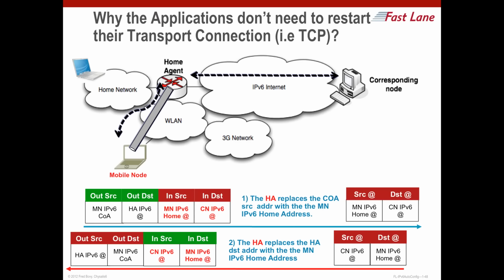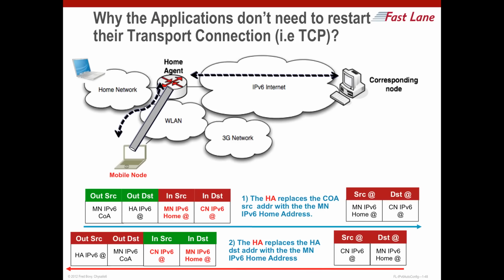And when the corresponding node is responding to the mobile node, the home agent intercepts the traffic and encapsulates the packets using the care of address as a destination and the home agent as a source. But the packet inside has the source address, which is the corresponding node, and the destination address is the mobile node IPv6 home address.